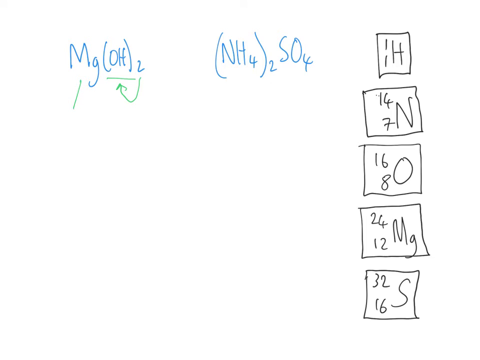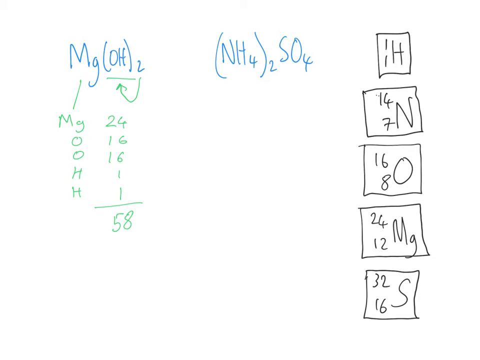And so we've only got 1 magnesium, but we've actually got 2 of the oxygen, and we've got 2 of the hydrogen. So when we're working out the relative formula masses, we need to add together each of these. So the Ar of magnesium is 24, oxygen is 16, but there are 2 of them, hydrogen is 1, but there are 2 of them. And we add all of those numbers together, and we get 58.